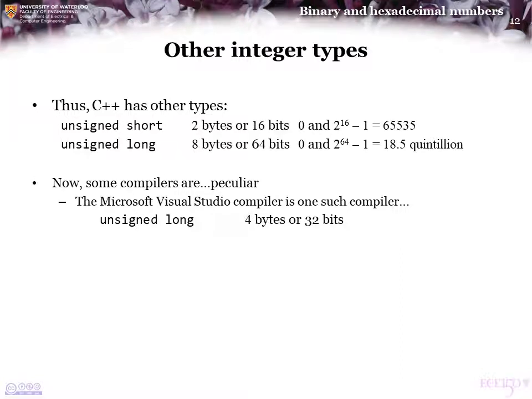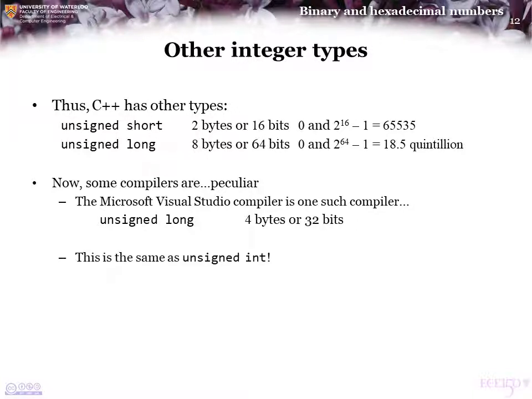Now, unfortunately, some compilers are peculiar. The C++ standard doesn't require that every single type has exactly a certain amount of memory. Consequently, if you're using Microsoft Visual Studio and you declare something to be of type unsigned long, it's only going to occupy 4 bytes or 32 bits.